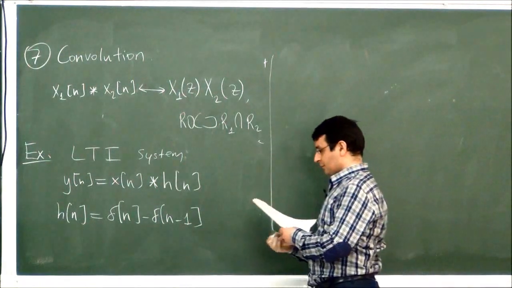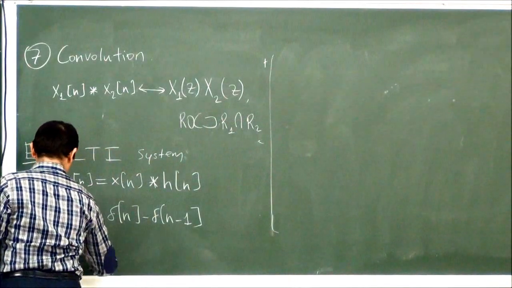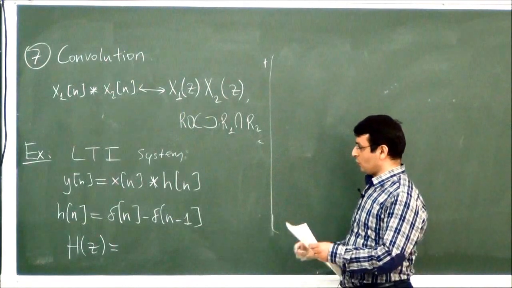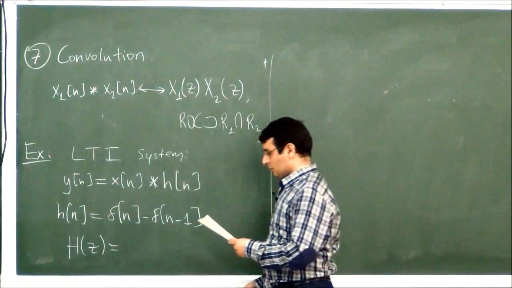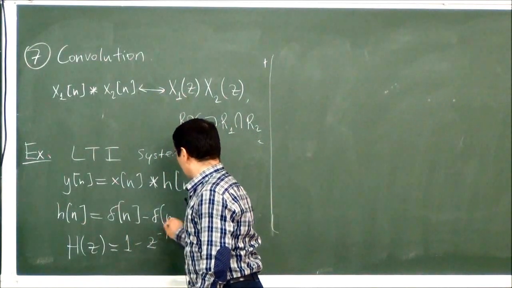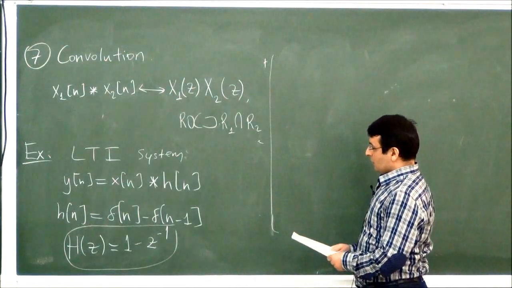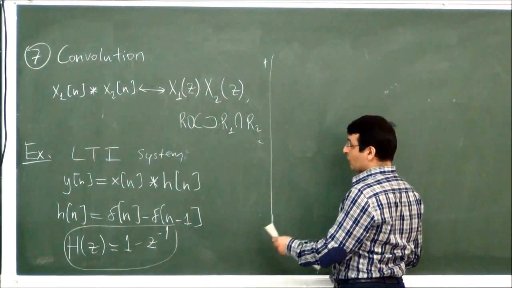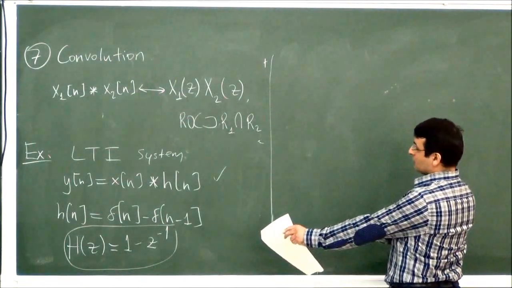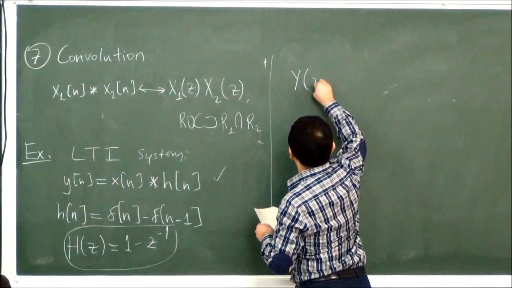What about H(z) for this system? It is 1 minus z to the minus 1. We have seen this in the previous lecture. So what is the Z transform of the output of this linear time invariant system? This is Y(z).